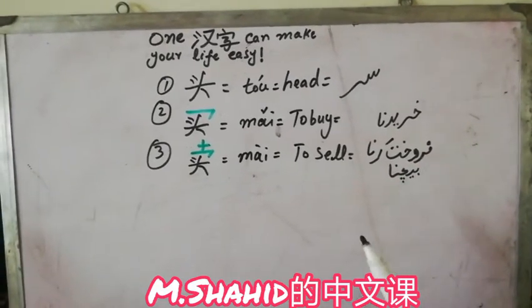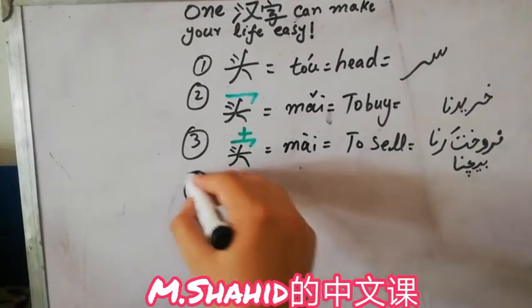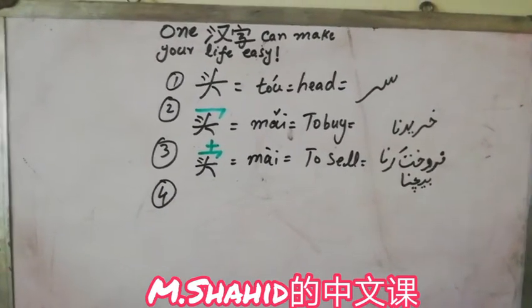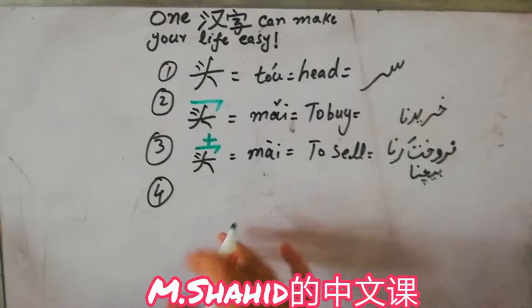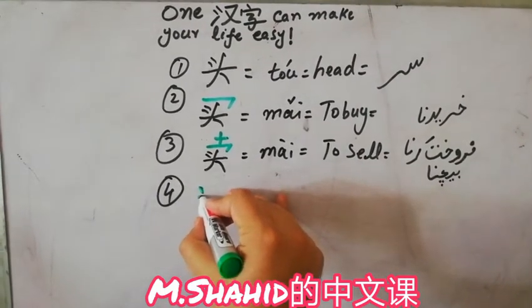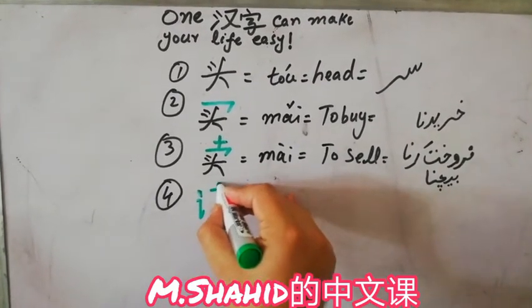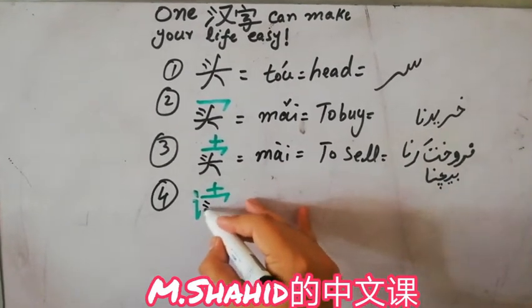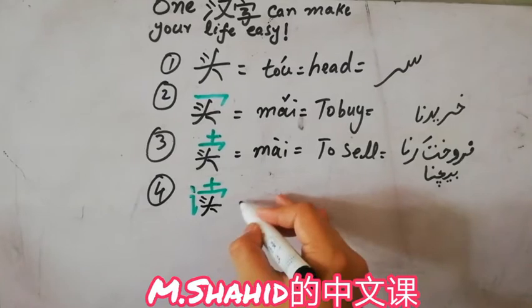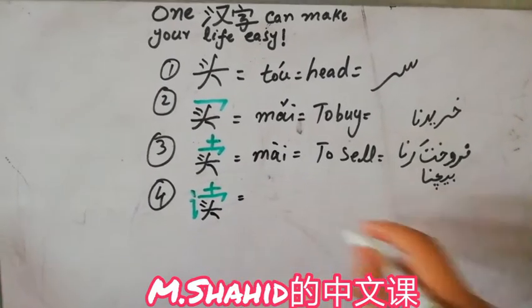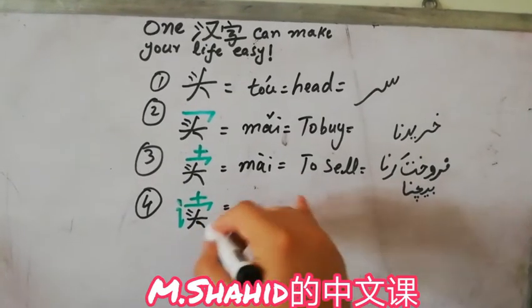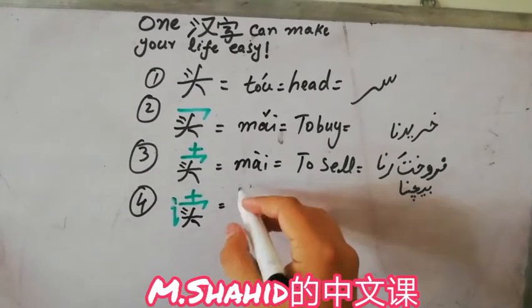To sell something. Now let's add something more, and you will see how its meaning becomes different. See that I'm adding this in all these characters. You saw that the character for tou remains the same, but we added some strokes to it.